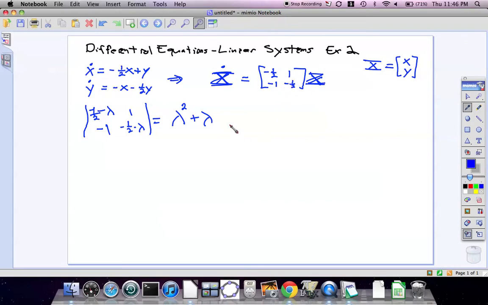So 1/4 plus 1 is 5/4. If we set our determinant equal to 0 and solve, what we should find here is that we have complex solutions for lambda. So lambda is going to be negative 1/2 plus or minus i.